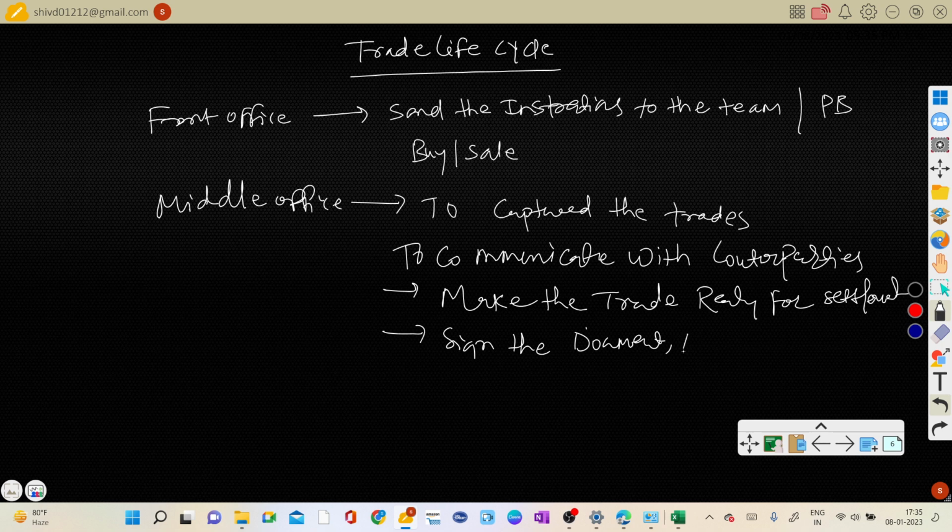For loans, you would see documents like assignment agreement, LMA, Loan Market Association agreement, LSTA agreement, Loan Syndications and Trading Association agreements, pricing letter. And finally, the back office team.